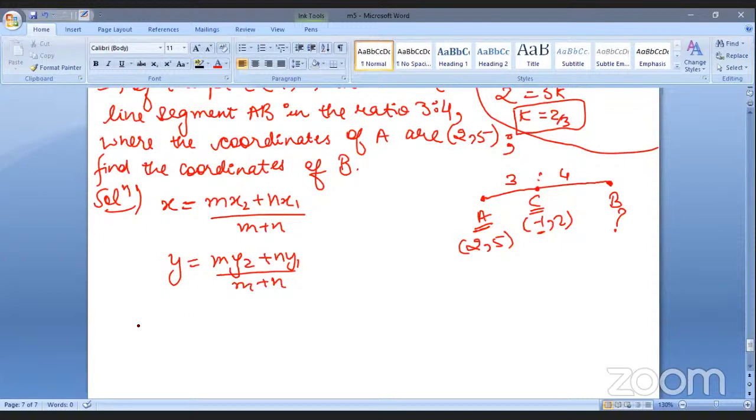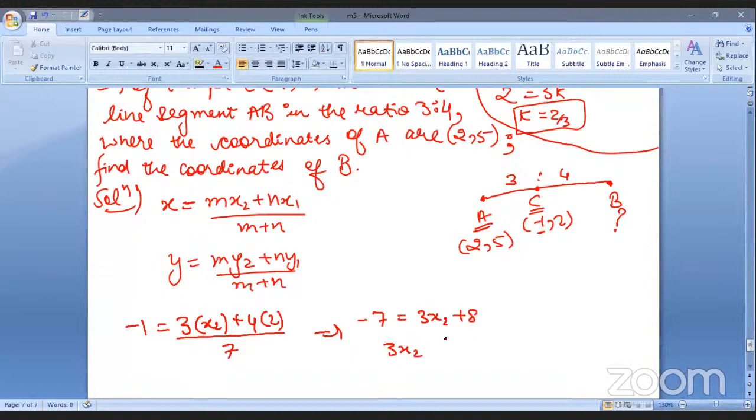Now we know what x is. Just write in the things that we know. m is 3, x2 we don't know, n is 4, x1 we know, divided by 3 plus 4, that is 7. From here, -7 = 3x2 + 8.